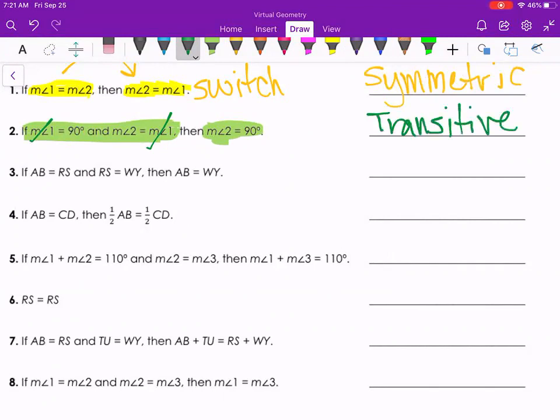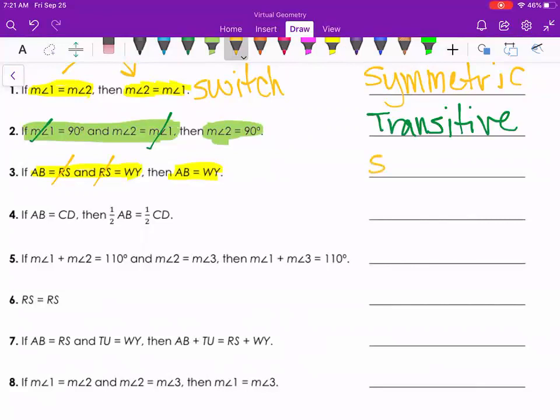Okay, let's keep going here. All right, if the length of AB equals the length of RS, so there's our hypothesis, then the length of AB equals the length of WY. Notice again, all we did was remove repeated information.